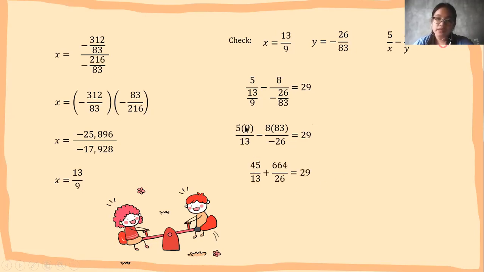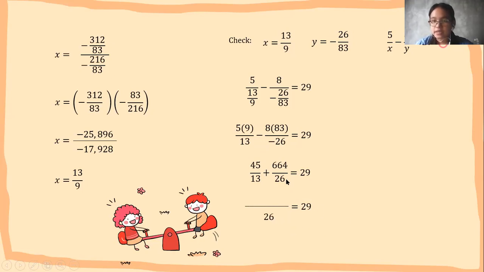So 5 times 9 is equal to 45. Then copy the denominator. The sign will become positive because if we multiply the negative sign here and the negative in the 26, in the denominator, it will become positive. So 8 times 83 is equal to 664 over 26 is equal to 29. Then let's find the LCD, which is 26.